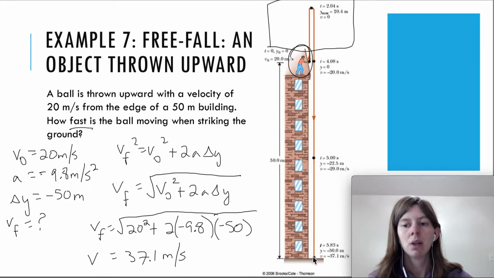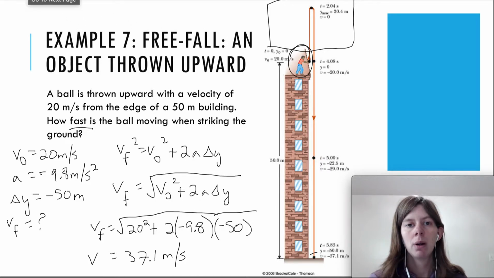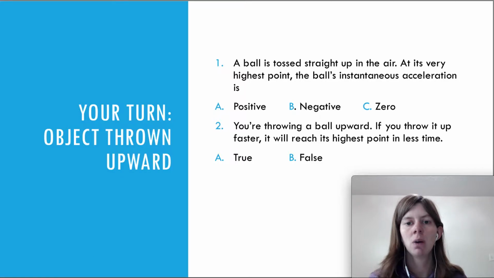If it wants to know what happens at the bottom, you can use this displacement and you don't care about anything that happens at the top. So perhaps later we'll do another example where we do care about what happens at the top, but I'll leave that for another video. We have one more thing in this video, a couple of your turn questions here.